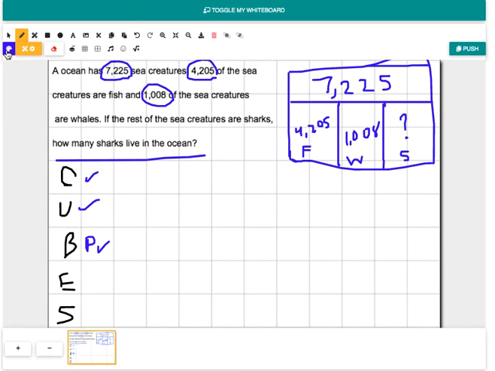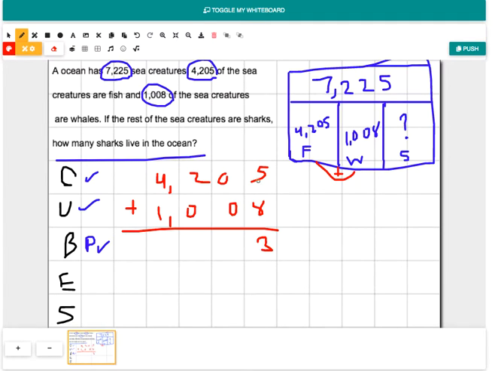So the first step we're going to do is add our whales and our fish together because we want to know how many there are together. So 4,205 plus 1,008. 5 plus 8 is 13, carry the 1, so 1 plus 0 is 1. 2 plus 0 is 2. 1 plus 4 is 5.